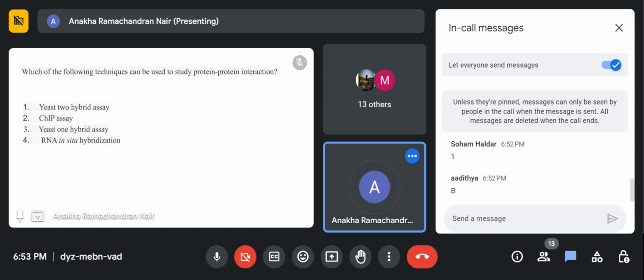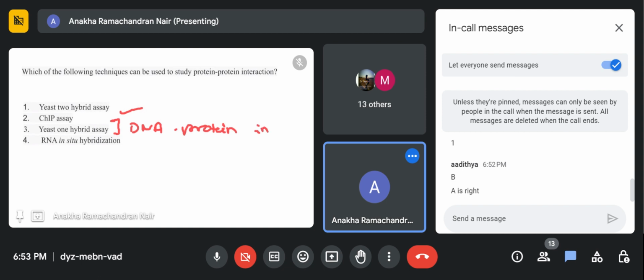All right. Let's see. So I'll tell you the answer first and then we'll go over the technique itself. The answer is yeast 2 hybrid assay. ChIP assay and yeast 1 hybrid assay are for DNA-protein interaction, and RNA in situ hybridization is to figure out where in the cell a certain type of RNA is being produced, or is situated.